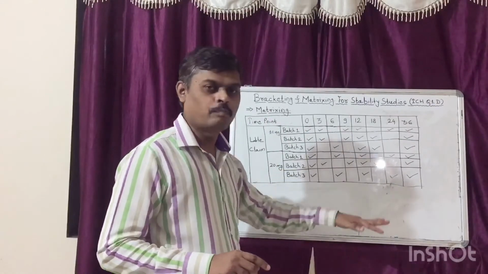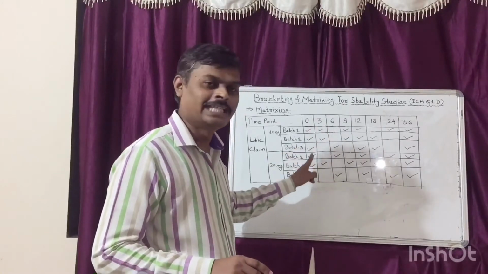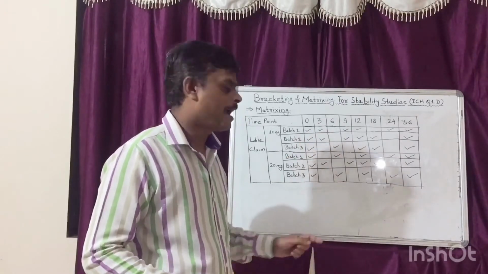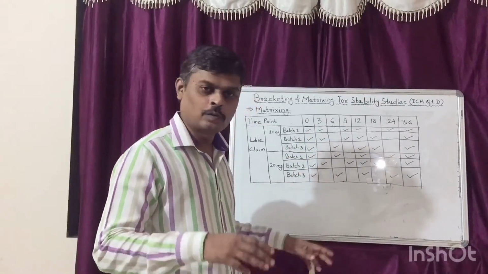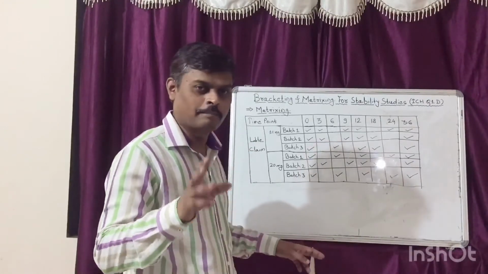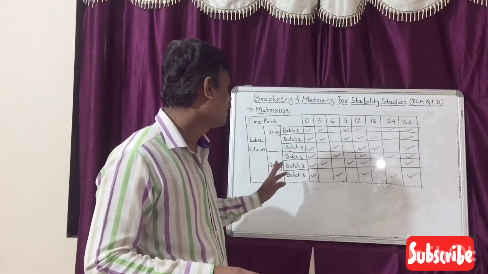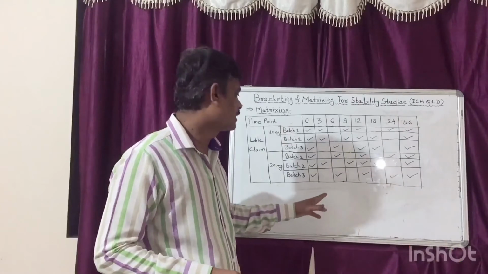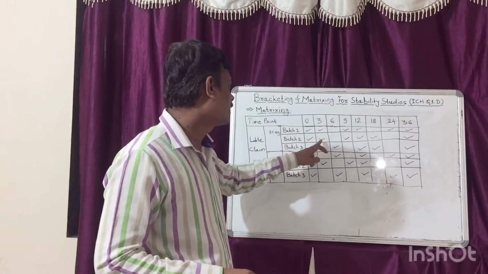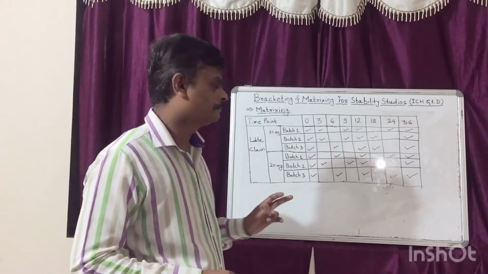At the next time point, the batches which are analyzed during 3 months are not required to be analyzed at 6 months. At the 6 month station, you have to analyze the next subset of samples, that is, samples which were not analyzed at 3 months. For example, at the 3 month station, you have to analyze the first and second batch of 10 milligram and the second batch of 20 milligram.